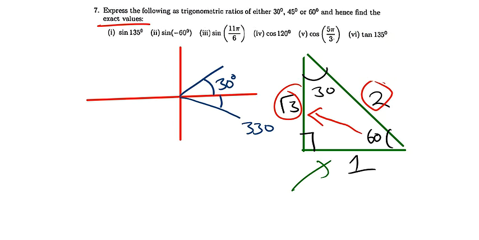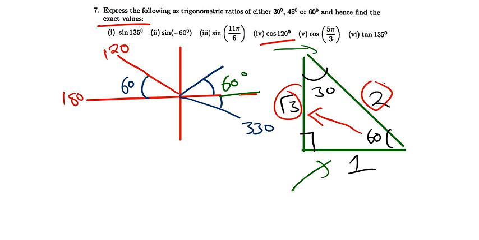The next one is cos 120. This is 180. So 120 is somewhere here. The difference between 120 and 180 is 60. So 60 becomes the reference angle in the first quadrant. So cos 120 is equal to cos 60.